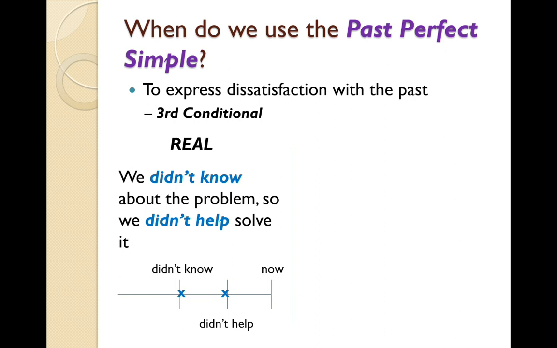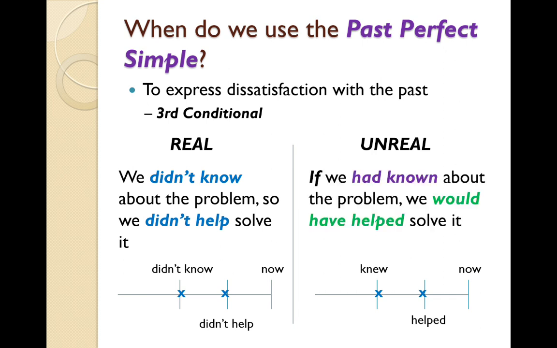We didn't know about the problem, so we didn't help solve it. And in the imaginary or unreal situation, we knew and we helped. If we had known about the problem, we would have helped solve it. So the third conditional we're using to express an unreal past, a past that didn't happen, but that generally we wish had happened.